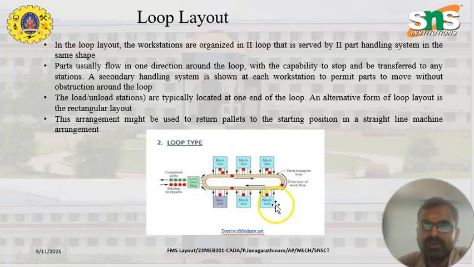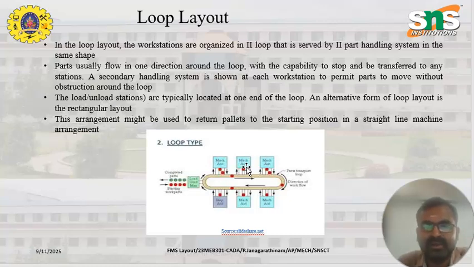The workstations are organized in a loop that is served by the material handling system. Here we arrange two loops: one for the different kinds of workstations, and another for the material handling system. Combining these two, we do the machining process.